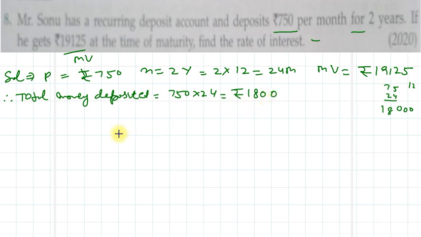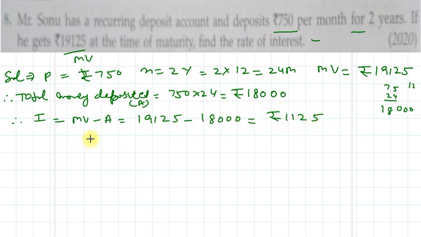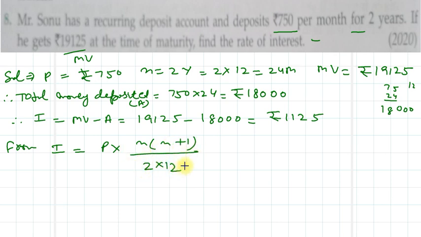Right? So therefore interest is equal to, this is total money deposited A, maturity value minus A. Maturity value is 19125. So this 18,000 minus 18,000. This is rupees 1125. Again rate of interest. So from I equal to P into n plus 1, 2 into 12 into r upon 100.